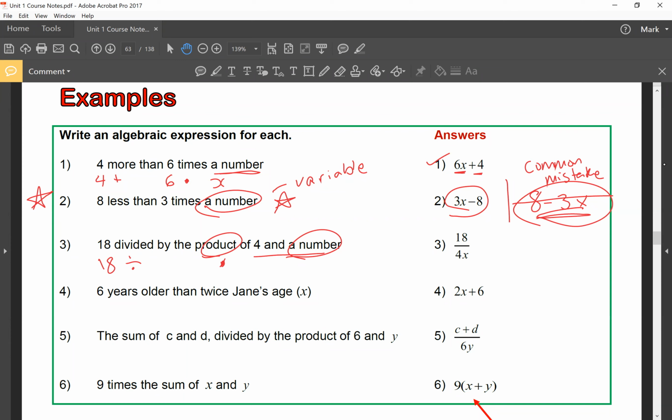This one's a good one. 6 years older than twice Jane's age. So again, we're taking a word problem and turning it into a mathematical expression. Well, 6 years older, that means I'm going to add 6 to twice, that means 2 times Jane's age, x. So it's going to be 2x plus 6.